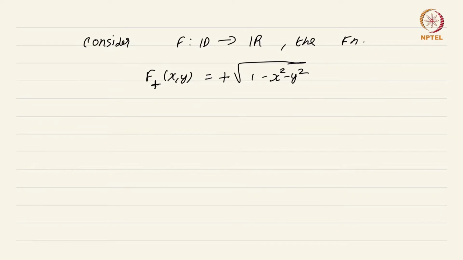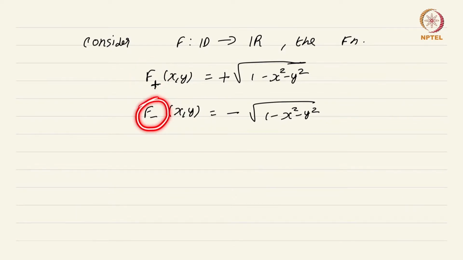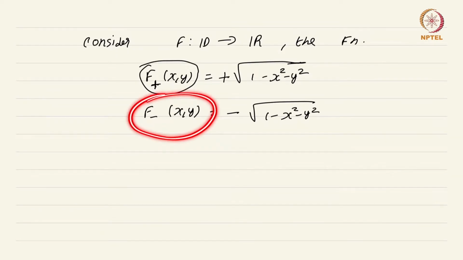In an analogous way, I can get the lower hemisphere as the graph of the function f_-(x, y), which is equal to the negative square root of 1 minus x squared minus y squared. Every positive real number has two square roots, so I take the positive square root for the function f_+ and the negative square root for the function f_-. Fairly easy computations will tell you that the graph of f_+ is nothing but the upper hemisphere and the graph of f_- is nothing but the lower hemisphere.